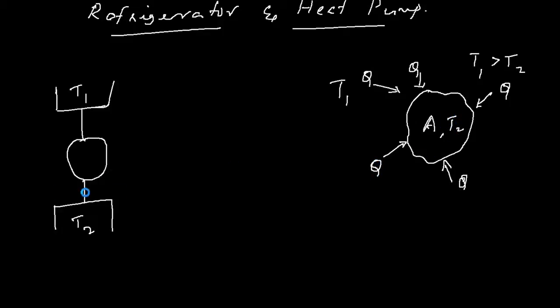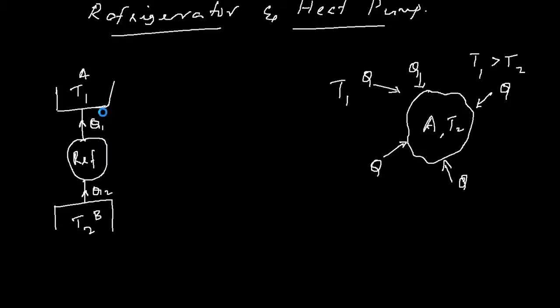So that heat needs to be removed from the body, let's say Q2, and that is to be rejected to the body at the high temperature, let's call it Q1. That's what is happening in a refrigerator. Let's call this body A and this body B. A refrigerator tries to maintain the temperature here, whereas a heat pump tries to maintain the temperature here.